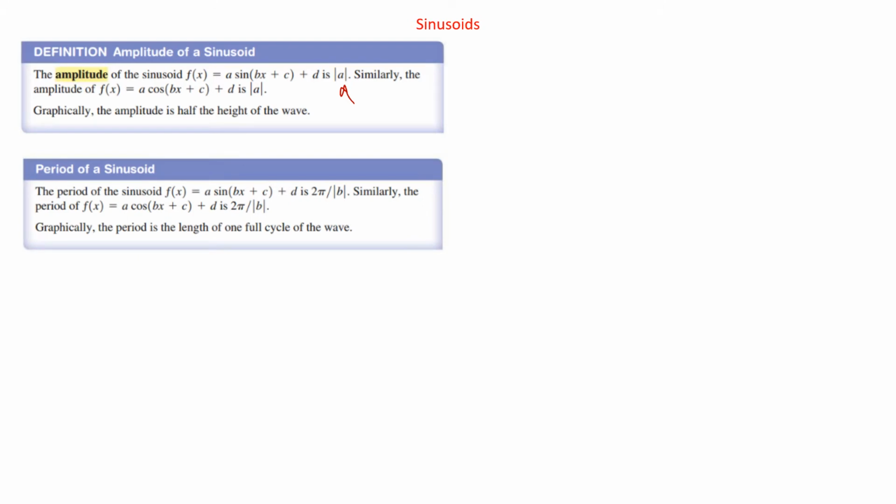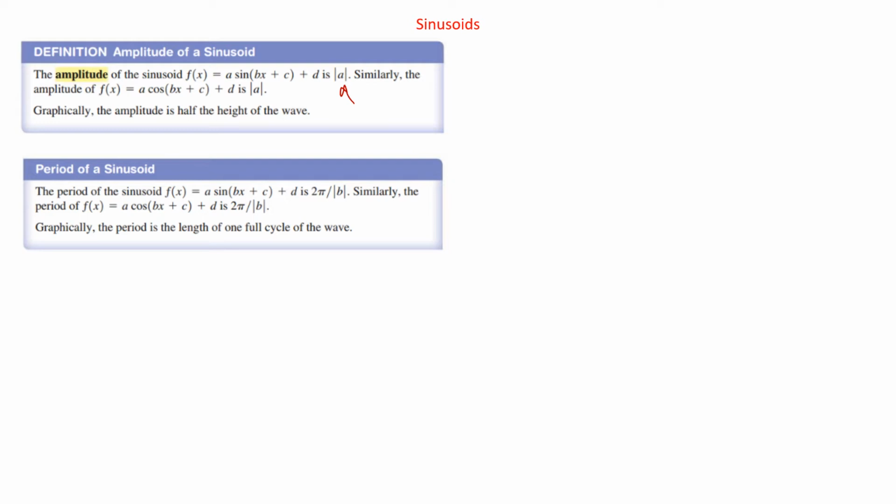The period is kind of like the stretch or compression. That's how long it takes for a full cycle to get from the maximum point to the maximum point. And that involves B. Originally, the period is going to be 2 pi because that's one trip around the circle, and then everything repeats itself.